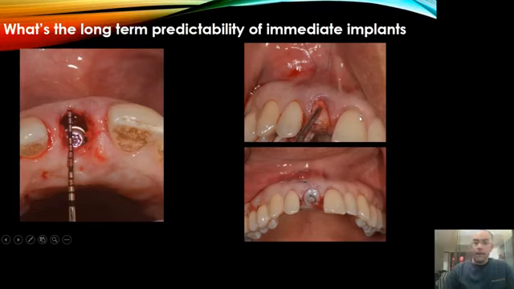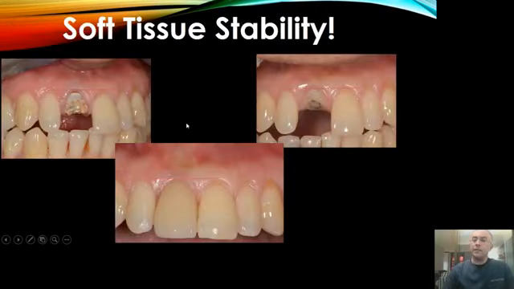In this case, I followed the surgery veneer grafting from the Agnini brothers, and we used the connective tissue graft to support the buccal aspect of this, using the immediate provisional custom healing abutment here to support the soft tissue. And down the line, we can see that we have soft tissue stability here.